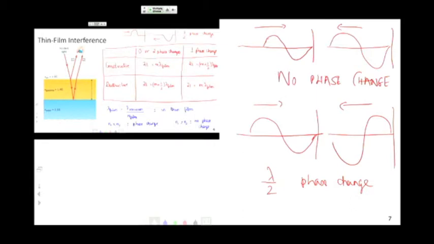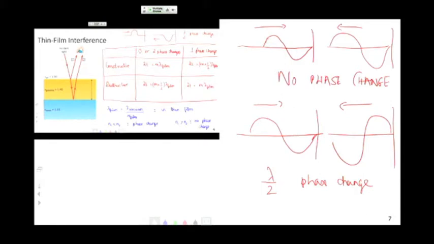However, if I have something on glass, let's say oil on glass, and oil has index 1.4 and the glass has index 1.5, then I will get a phase change here and another phase change here, and therefore I'll have two phase changes, and this is the formula I should be using. For both cases, you can have both constructive and destructive interference. The question is, which wavelengths will have constructive interference and which wavelengths will have destructive interference?